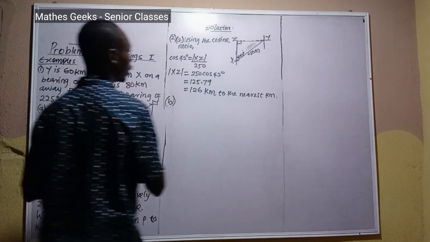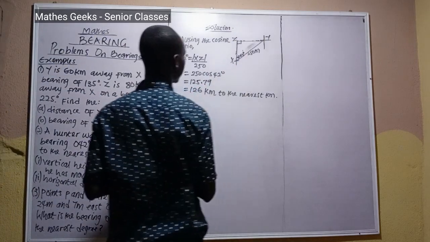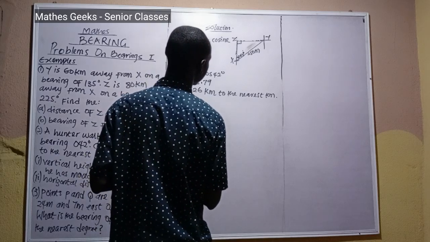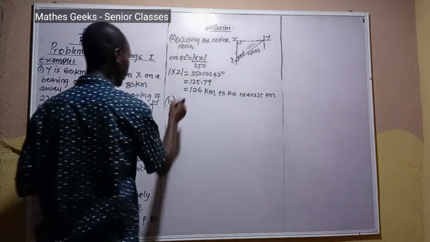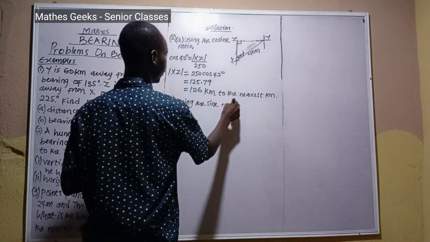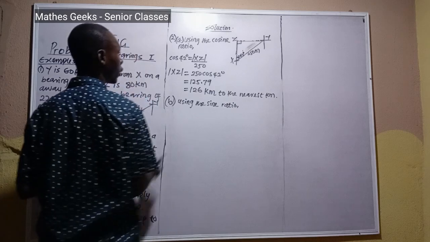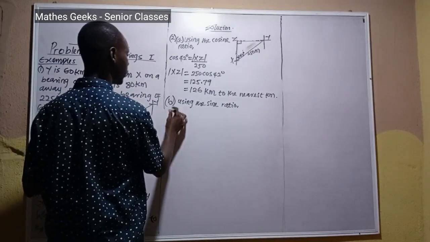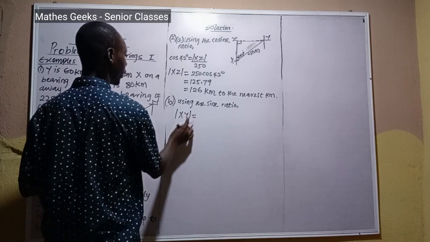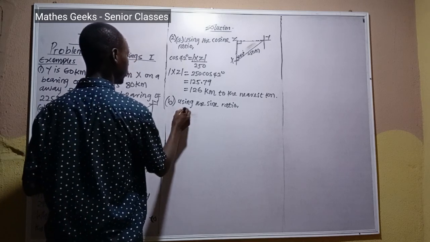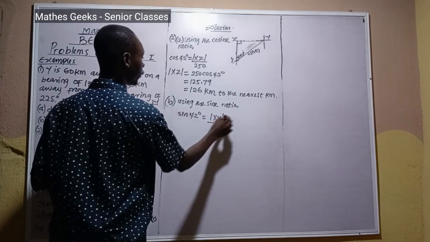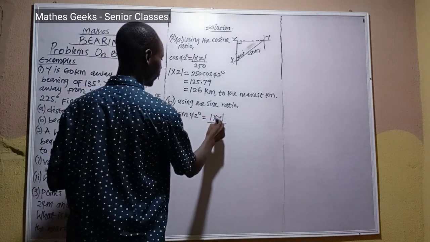For B, we're supposed to calculate the horizontal distance covered. Which ratio is this? This is opposite over hypotenuse. So using the sine ratio, sine 42 degrees is equal to line xy over 250.